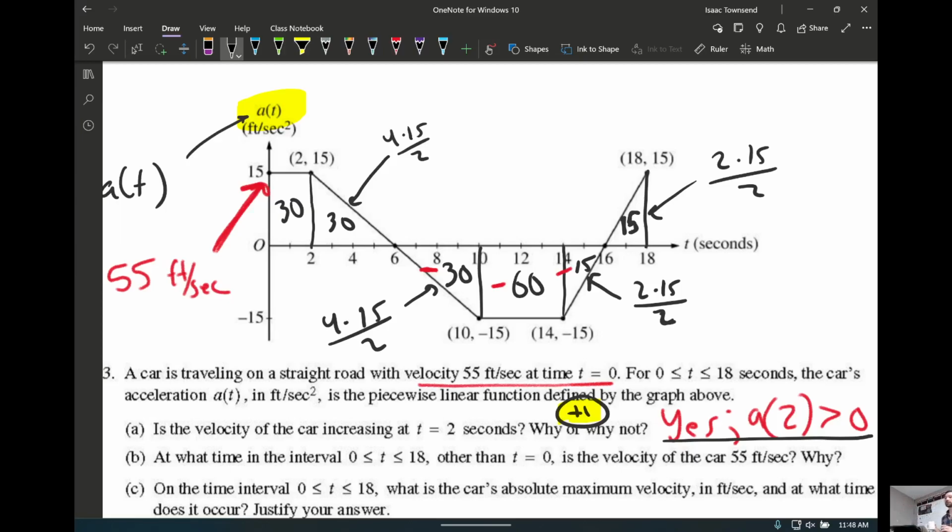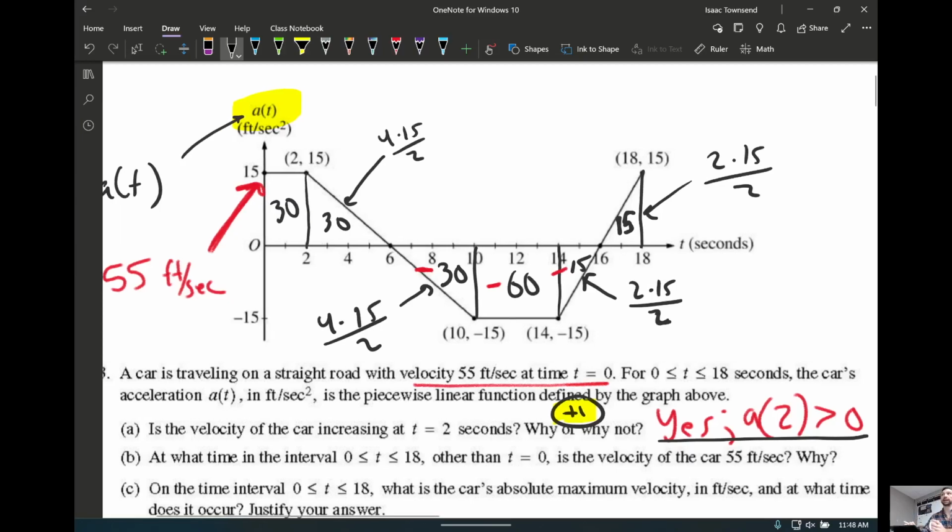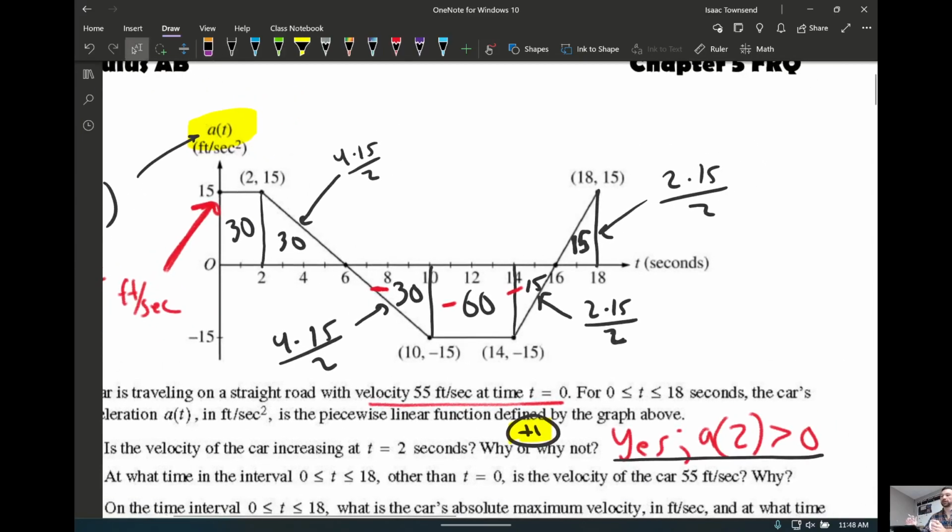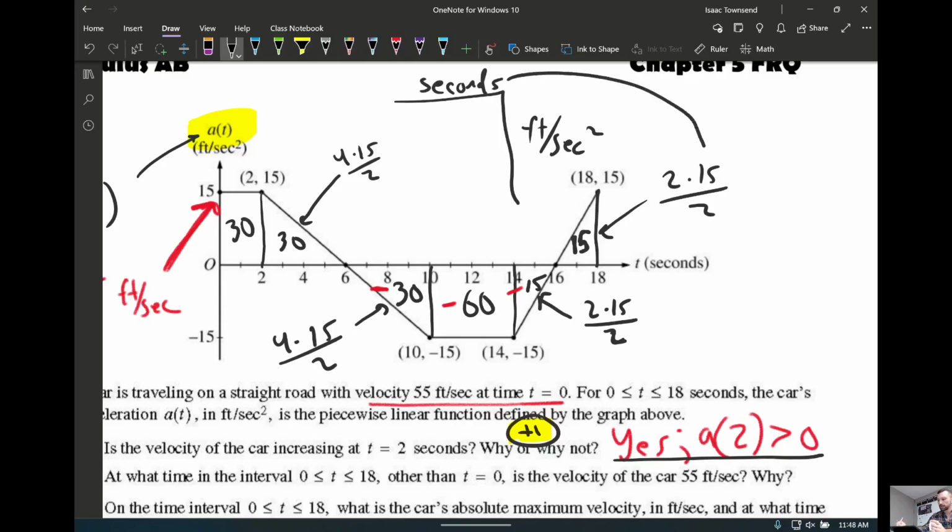Okay, so now let's think about what this area represents. And you did do this one time, if y'all remember, in December, we did an airplane FRQ, and you had to describe what the area meant. But if we're doing like length times width, and the width units are feet per second squared, I'm getting that from right here, and the width units are seconds, I'm getting that from this.